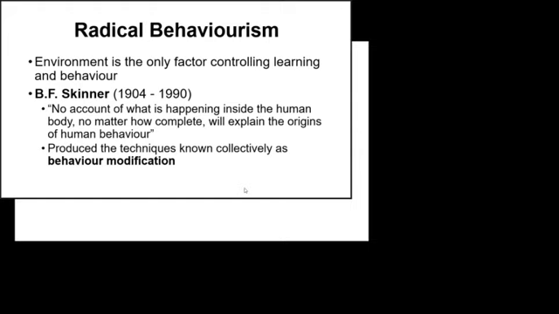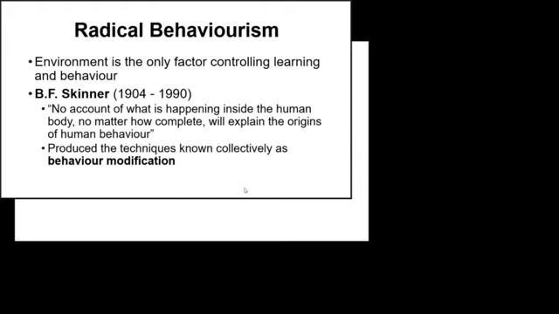The reason why Skinner was so tied up with these ideas of modifying behavior, especially using things in the environment, was pretty well illustrated with this quote: no account of what is happening inside the human body, no matter how complete, will explain the origins of human behavior.